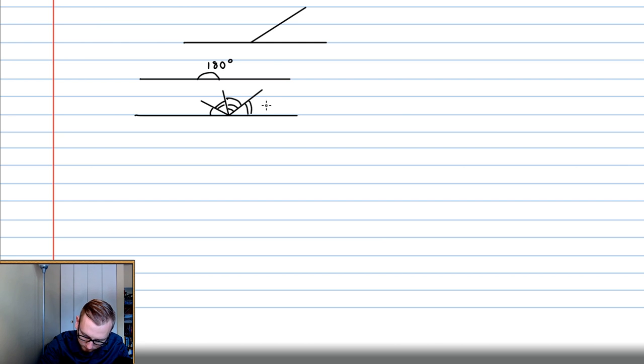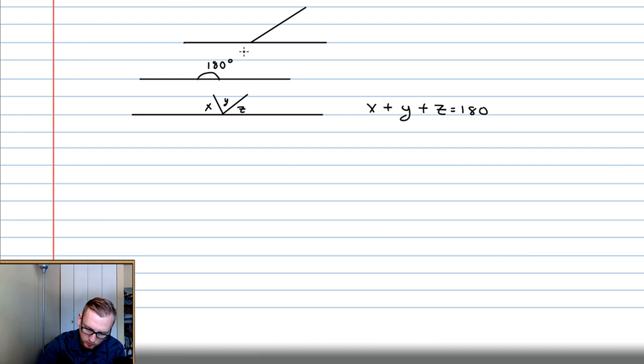No, that's too ugly. Let's think of an easier way. Okay, a much nicer way. If there was this angle x, this angle y, and the angle z, well, we already know that x plus y plus z is 180, because by definition a line is 180 degrees, right?